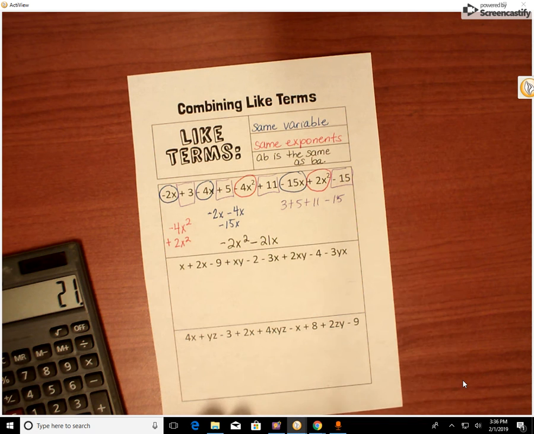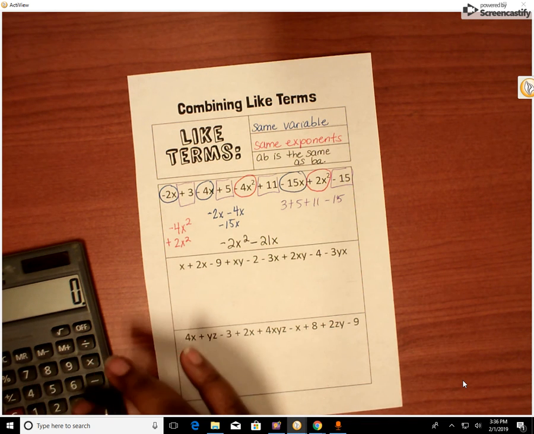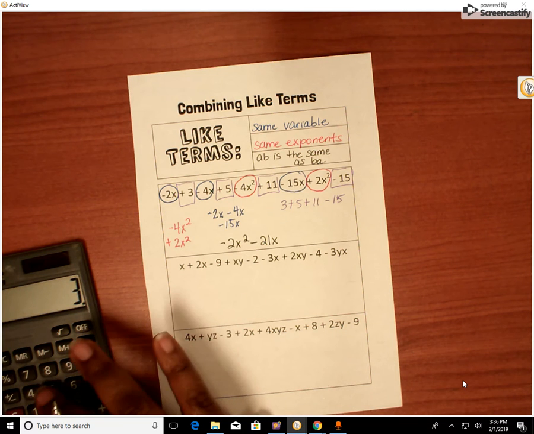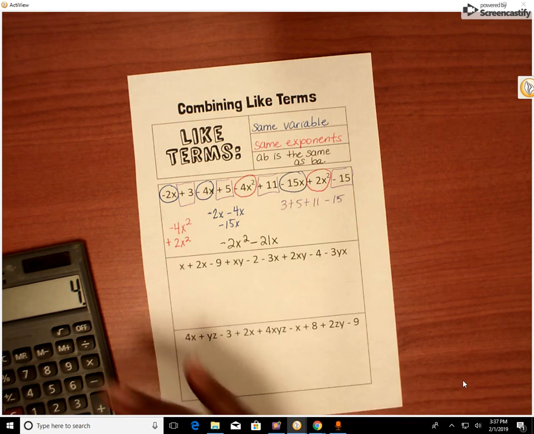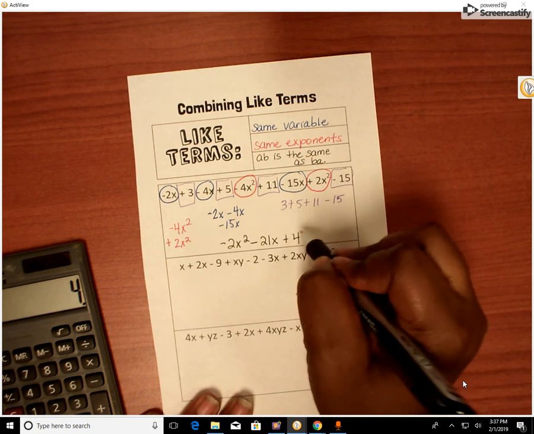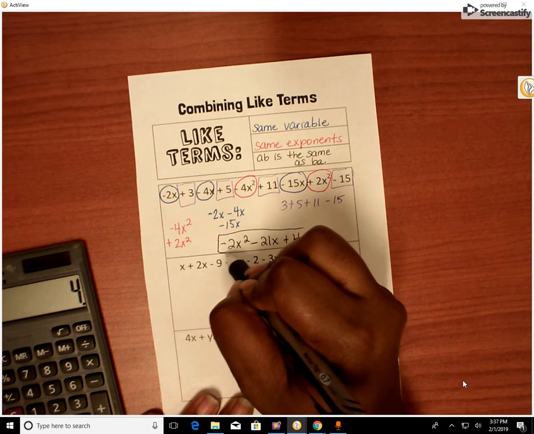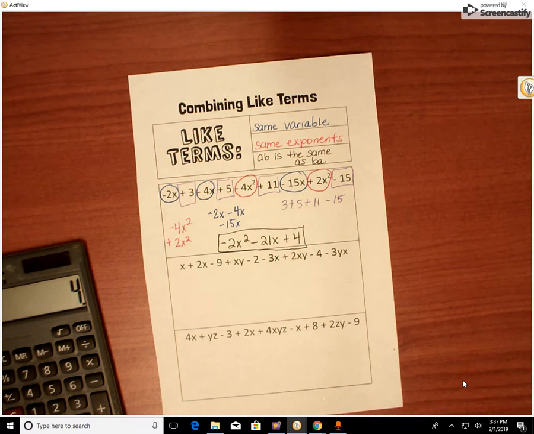And a negative is a minus, so you see I put a minus there. Next, I'm going to go to my calculator and do 3 plus 5 plus 11 minus 15, and I get a positive 4. So this is your answer, because we have simplified it as much as we can with like terms. So let's move to the next one.